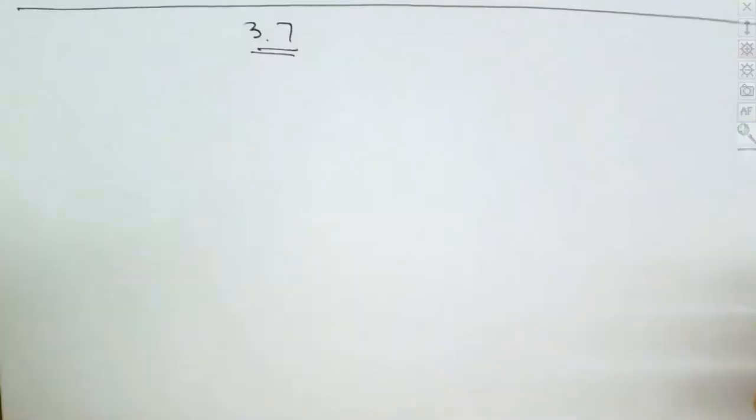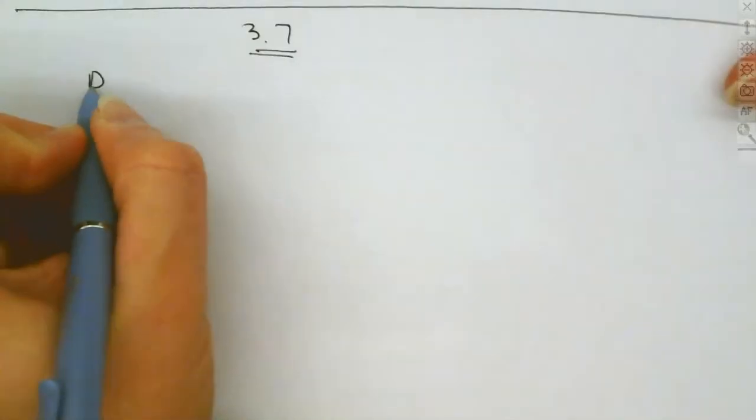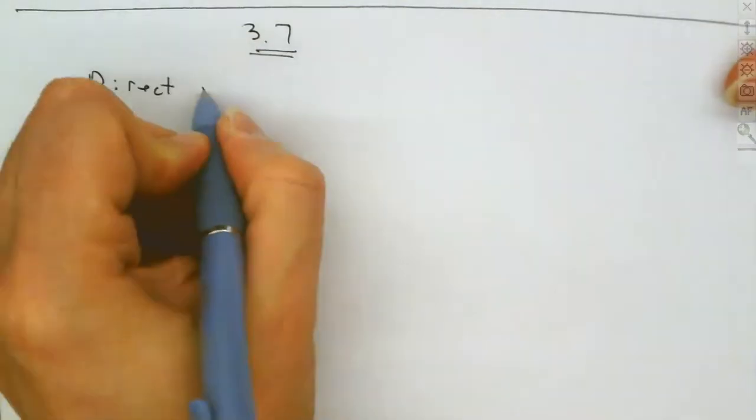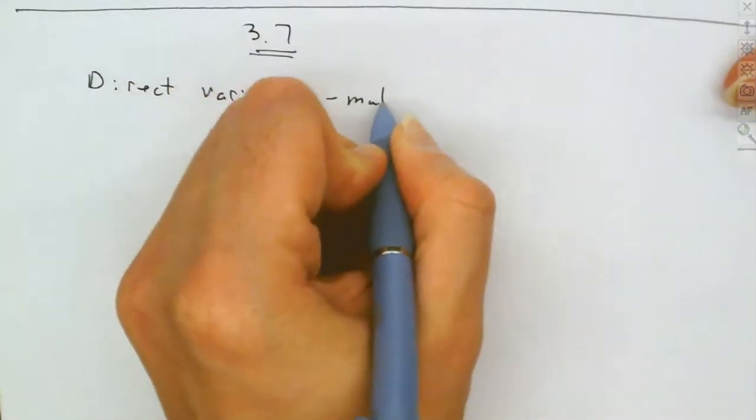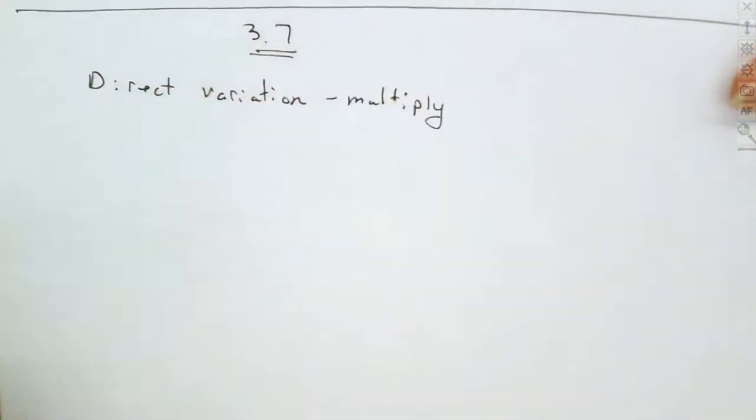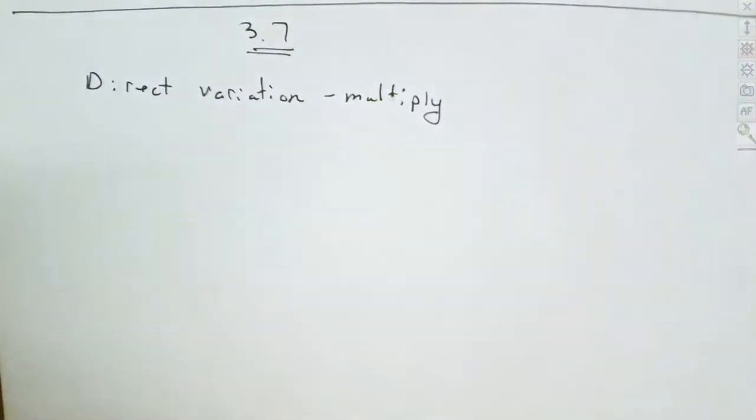So we're going to now look at 3.7, and we're first going to learn about direct variation. When I talk about direct variation, that means they multiply. We're going to look at three types: direct variation, inverse variation, which is division and will be later on, and joint, where multiple things go together.